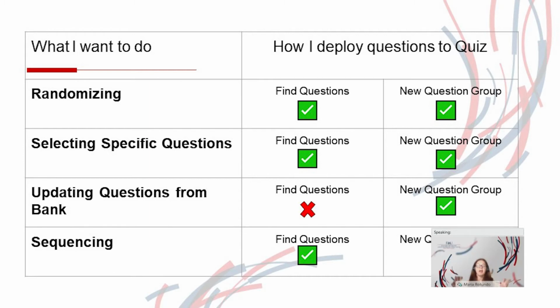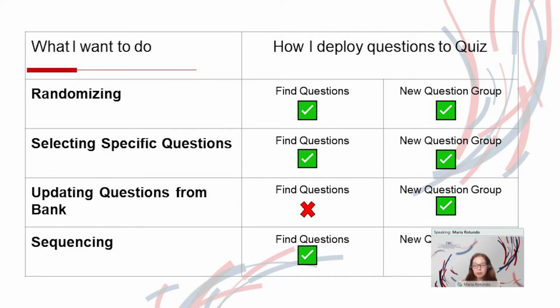Okay, so here we have a summary of pros and cons of using the different options. To answer Dr. Agustin's question, either of these 2 options will allow you to randomize. Both of them will allow you to select specific questions.